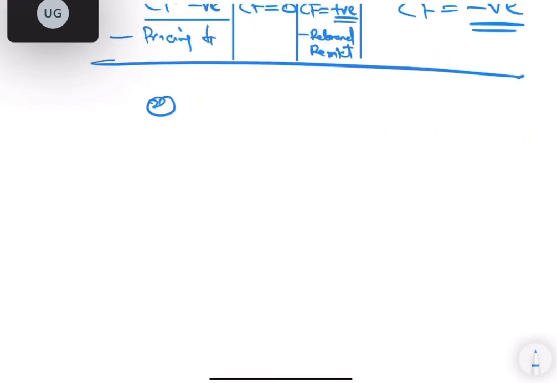The second approach in that market-based approach is the new product pricing. And when we say new product, it means that nobody is selling that product in the market. We are the first person to introduce the product to the market.